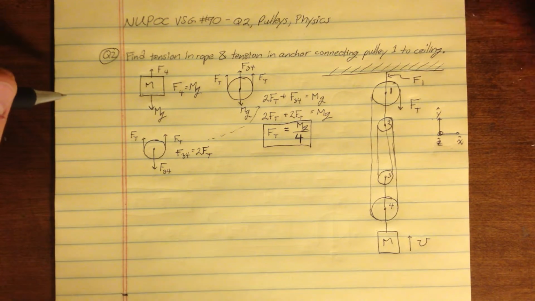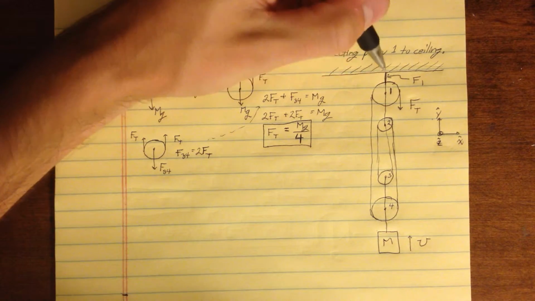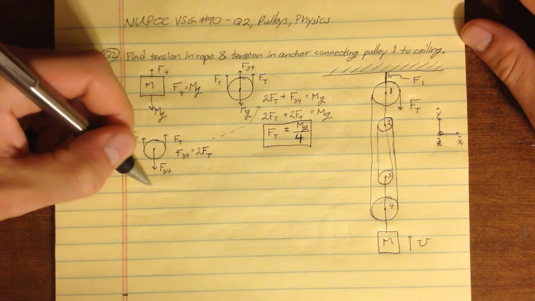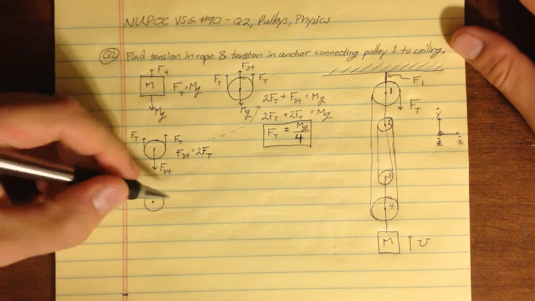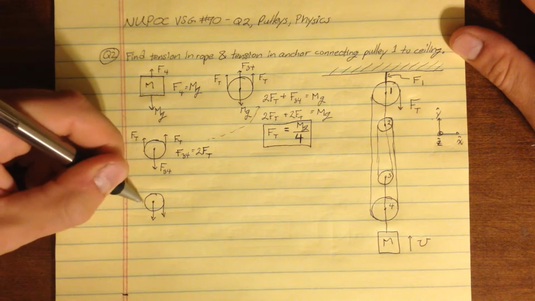Now let's keep going so we can try to find the tension in this section right up here. Let's move up to pulley 2. At pulley 2 we have the tension of the rope pulling down in 3 places.